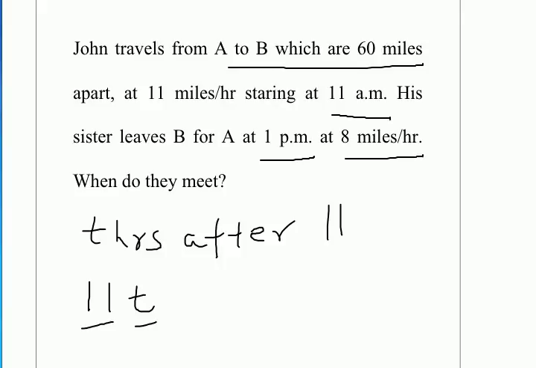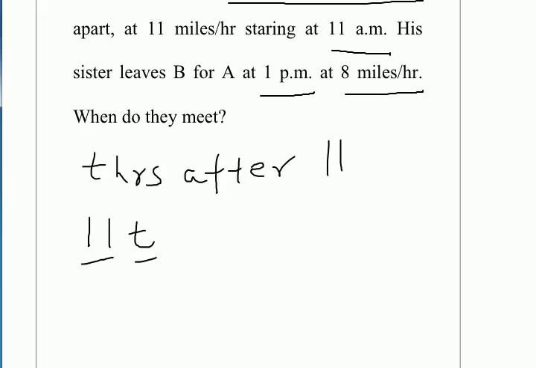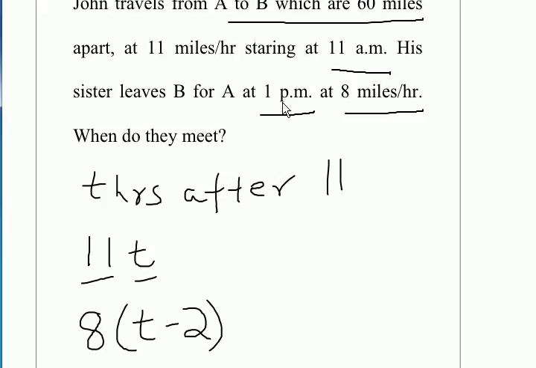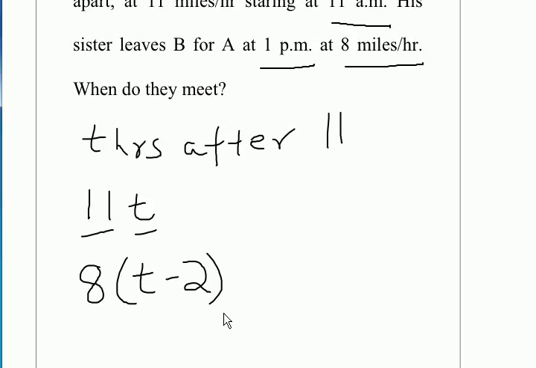John's sister travels at 8 miles an hour, so she would have covered 8 into T minus 2, because she started at 1 p.m. John started at 11. So if T hours after 11 is what we're looking at, then the sister travels 8 into T minus 2, since she walks only for T minus 2 hours.